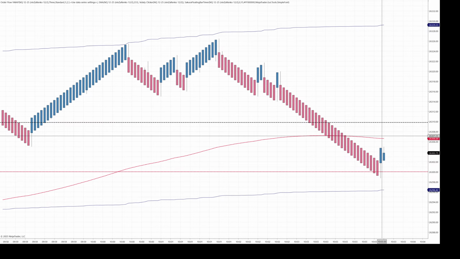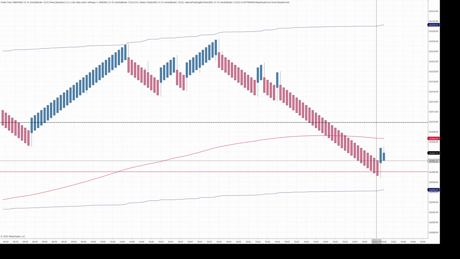T line could act as resistance. If the T line wasn't there, we would have taken this trade here.